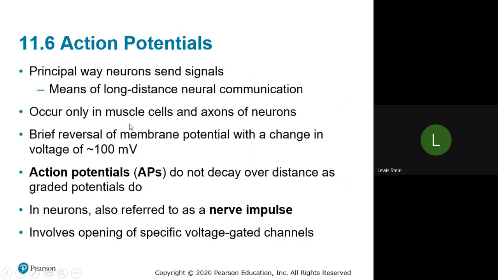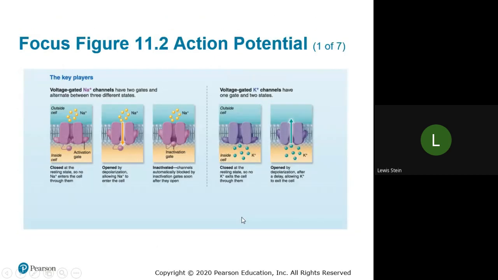Long distance: muscle cells, axons of neurons, brief reversal. Action potentials are the name that we give them, and they don't decay. They're self-perpetuating. Another term you hear is a nerve impulse. Specific gated channels, and it's all about these again. That's going to play a role vis-a-vis the refractory period.